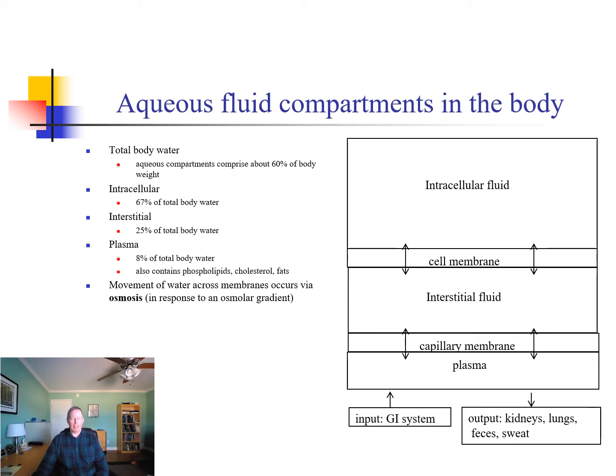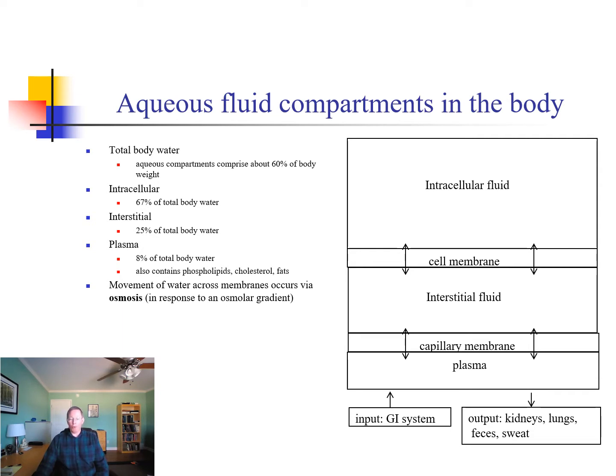Depending upon which physiology text you read, this may be a little bit different. And the plasma within your bloodstream is going to comprise about 8%. So 8 and 25 is your other 1/3 of your body water. Now, plasma also contains things like phospholipids and cholesterols and some fat.